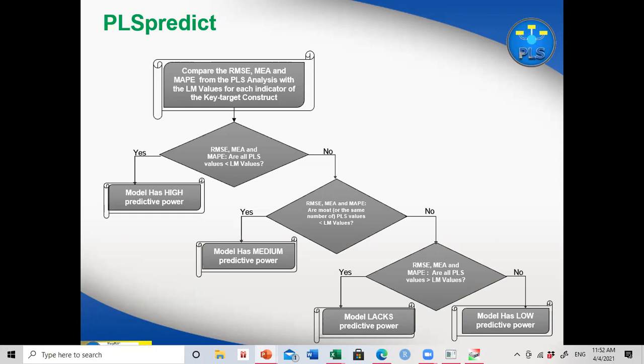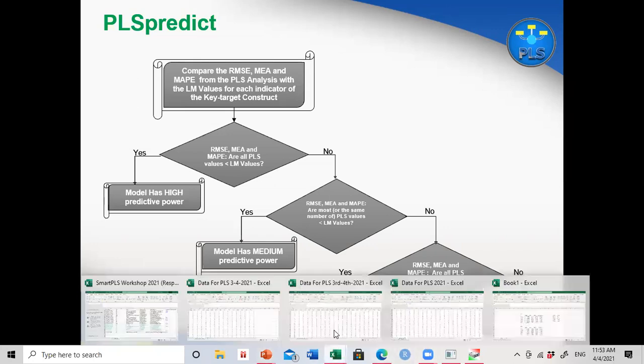But if no, again, meaning that if all the PLS values are greater than the LM values, then we say the model lacks predictive power. But if very few, like 1 or 2 out of 7, then we say the model has low predictive power.